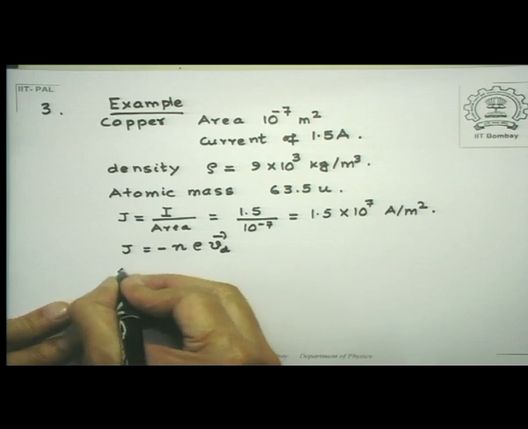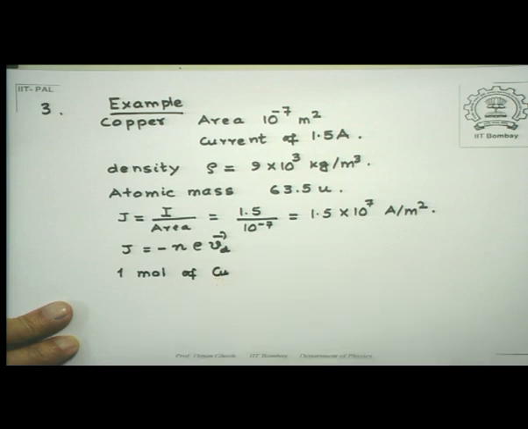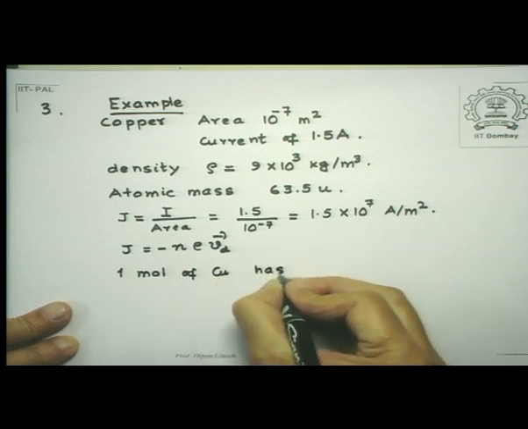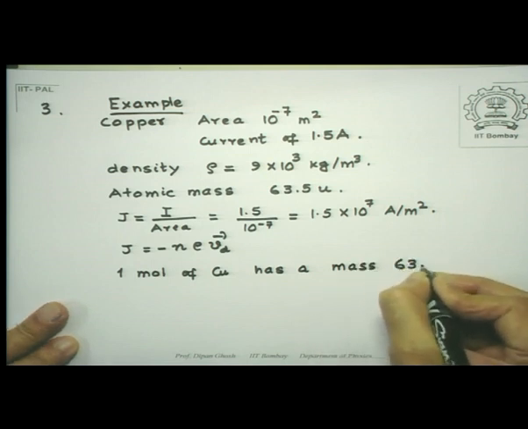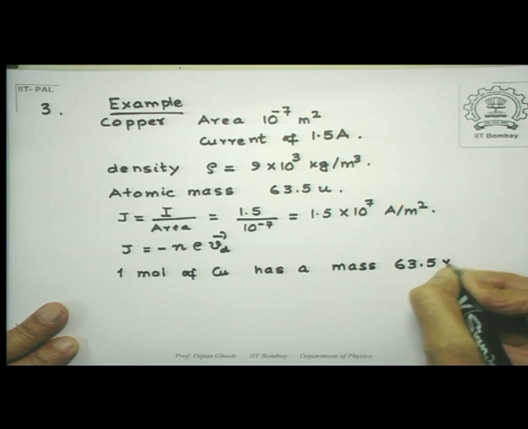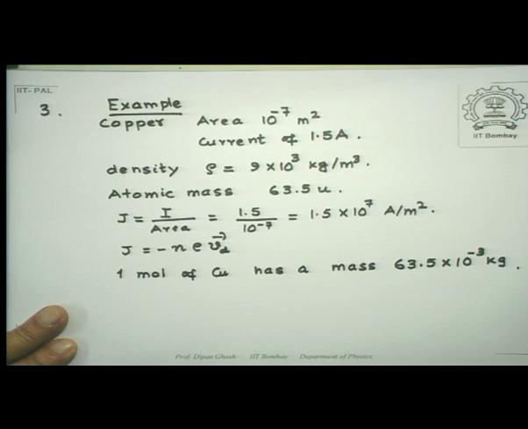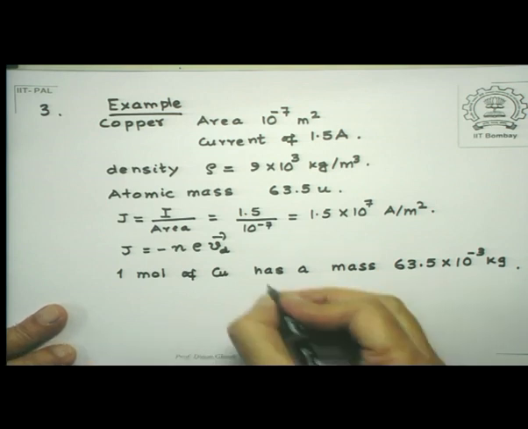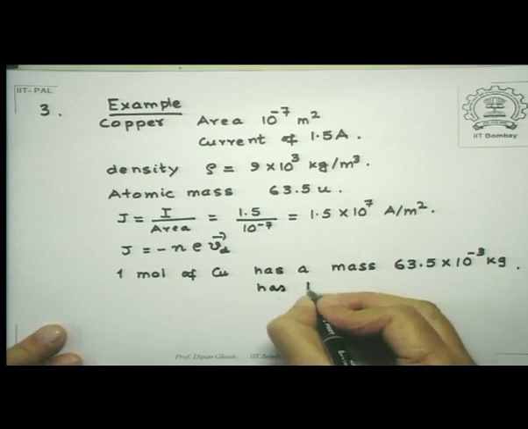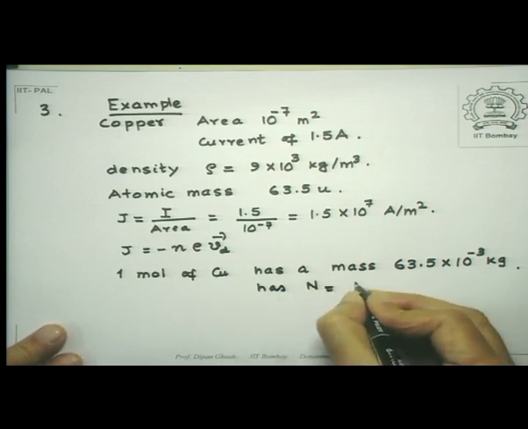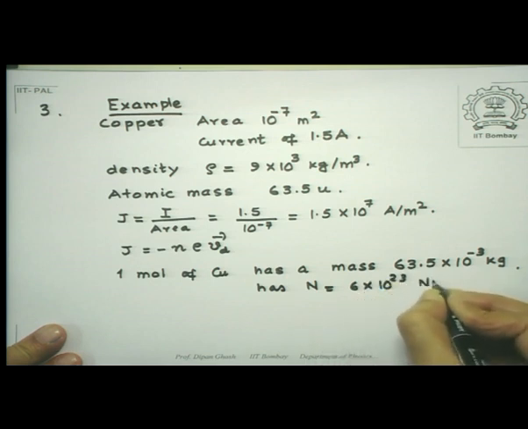So we know that 1 mole of copper has a mass of 63.5 grams, which is 63.5 into 10 to the power minus 3 kg. In addition, I know the Avogadro's number, namely 6 into 10 to the power 23 atoms in 1 mole.